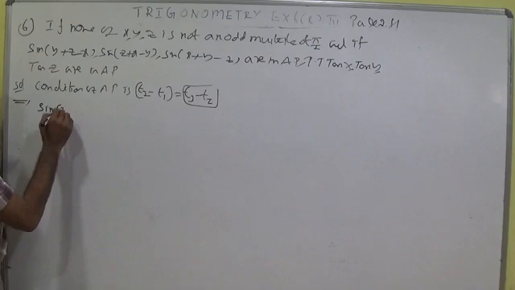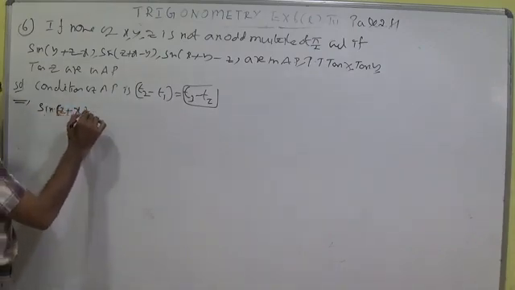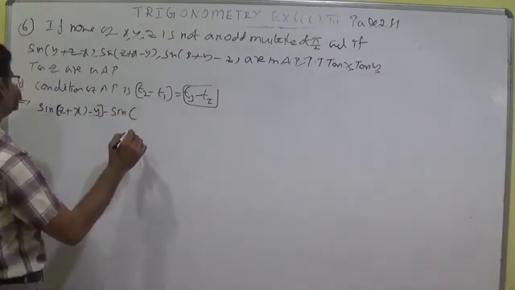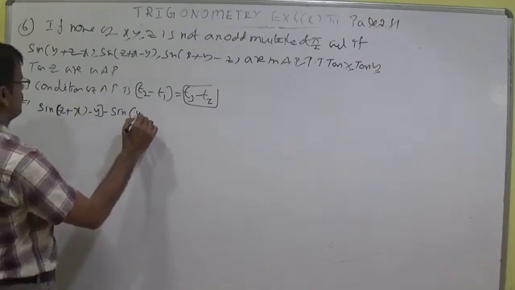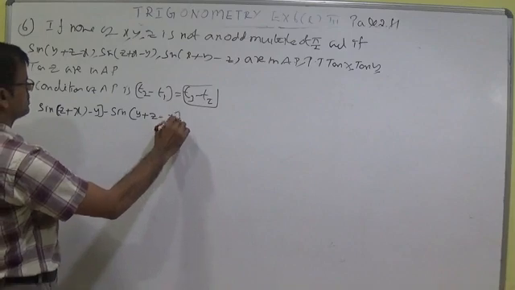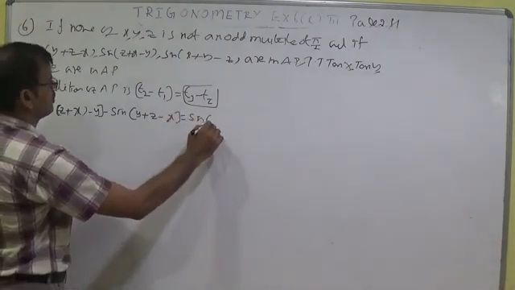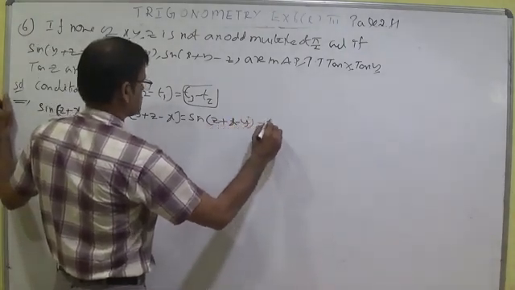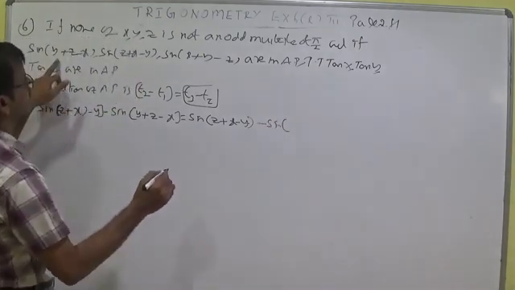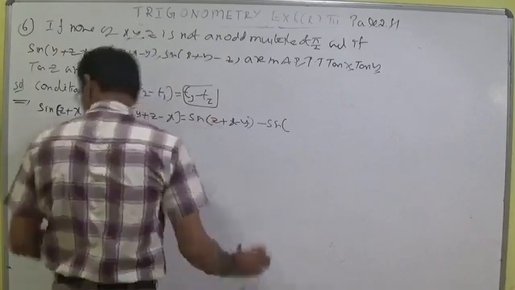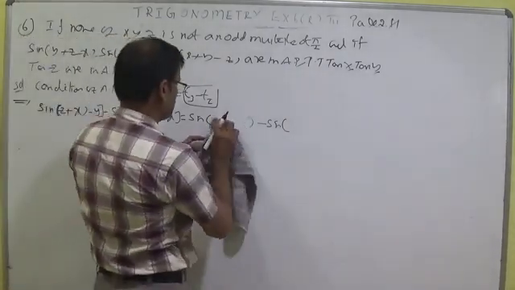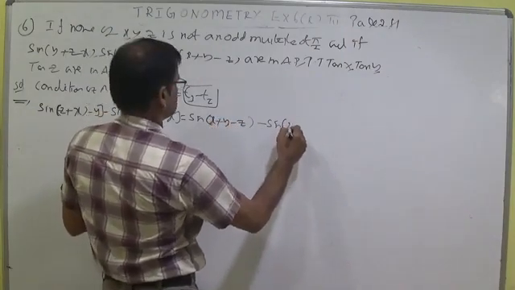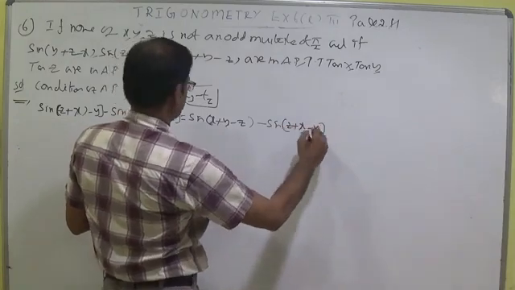Sine of z plus x minus y, minus sine of y plus z minus x, is equal to sine of x plus y minus z, the third term, minus sine of the second term, z plus x minus y.